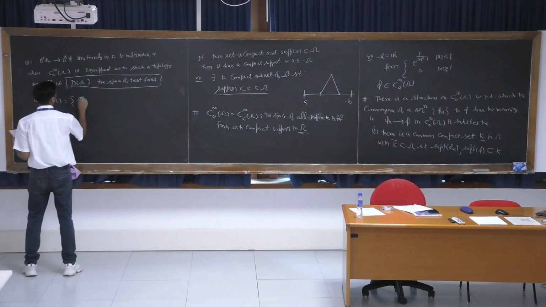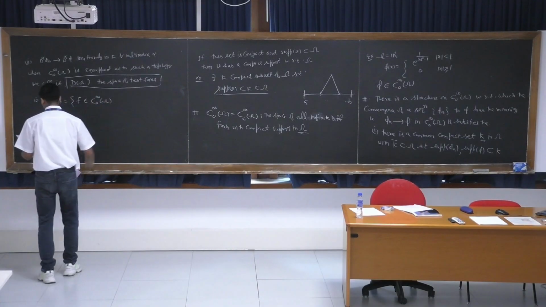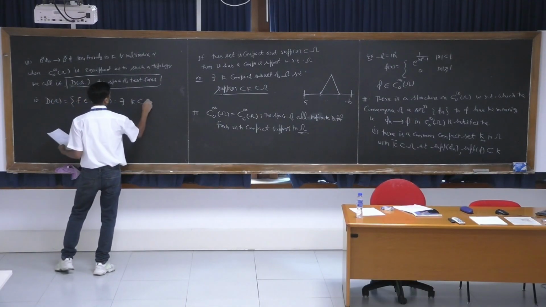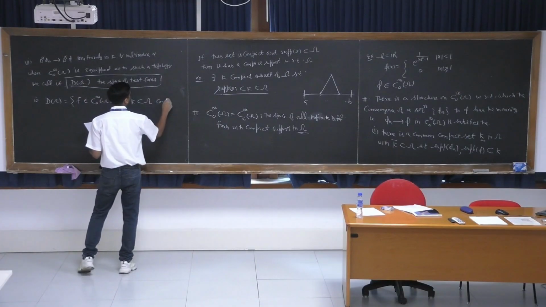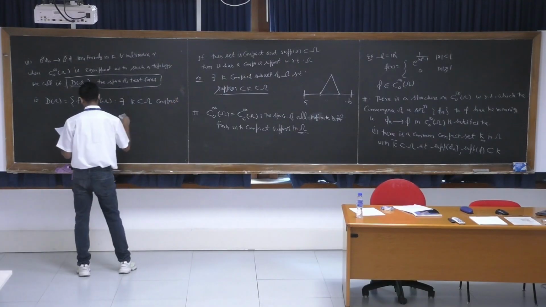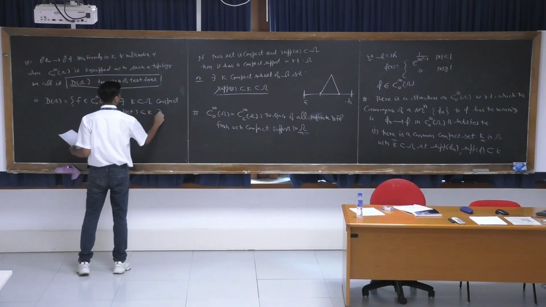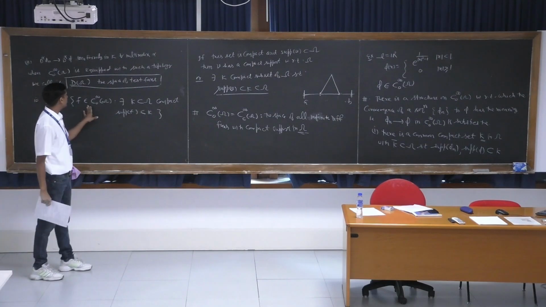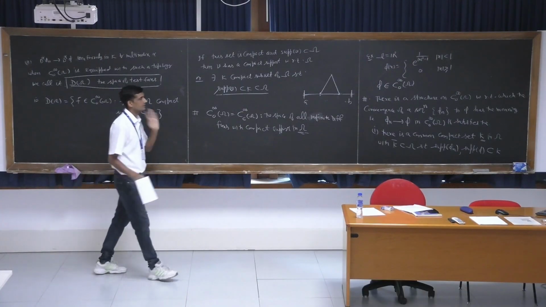Those functions belonging to C0 infinity such that there exists K, a subset of omega and compact, and support of f contained in K. So D omega is this type of set, containing functions which belong to a compact set.